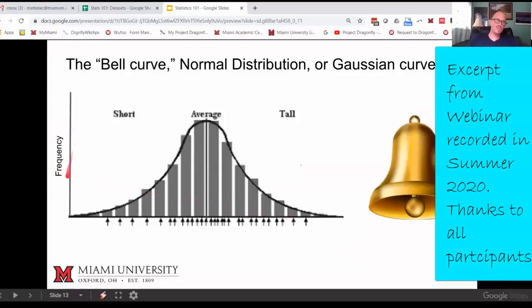Again, frequency with a histogram always goes on the y-axis or the vertical axis, and your label, in this case height, would go on the horizontal or x-axis.